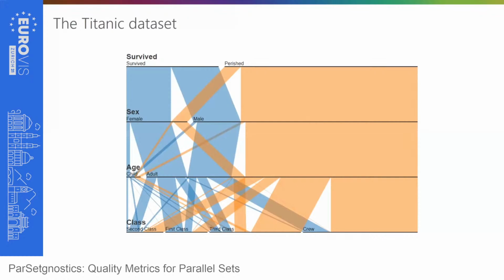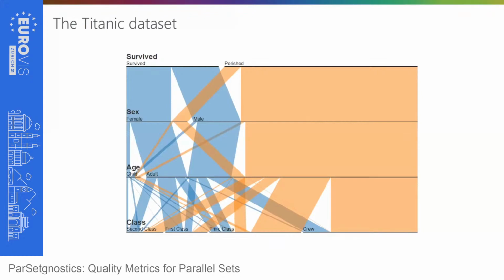The connecting ribbons visualize the size of these groups: females that survived, males that survived, females that perished, and males that perished. On the second level from the top, we can see all 3-dimensional subsets. The 2-dimensional subsets are split further, now also including the age dimension.